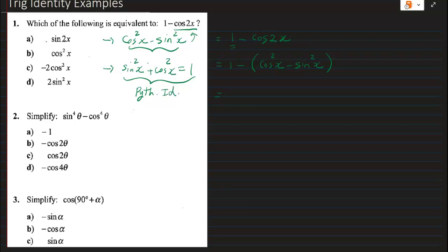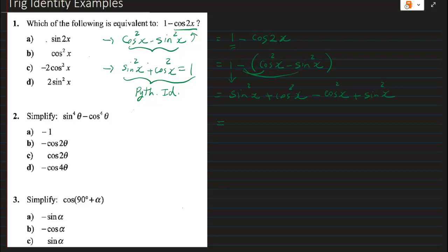So we're going to replace this 1 with sin²x plus cos²x, and then minus, and now we do the math. I'm going to multiply that through: minus cos²x plus sin²x. Now we collect like terms and simplify.